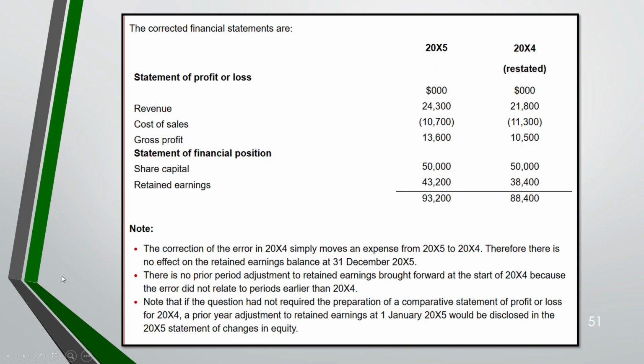Now, we'll do the statement of profit and loss versus statement of financial position. So what are we doing here? Revenue as it is we are taking, cost of sales we are taking the new figure and getting the new gross profit.